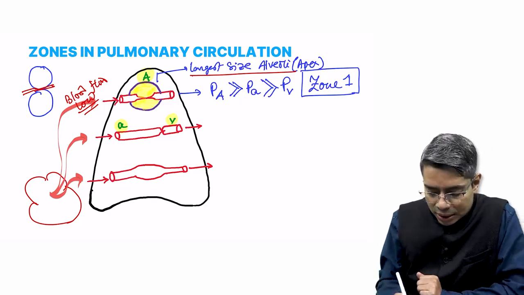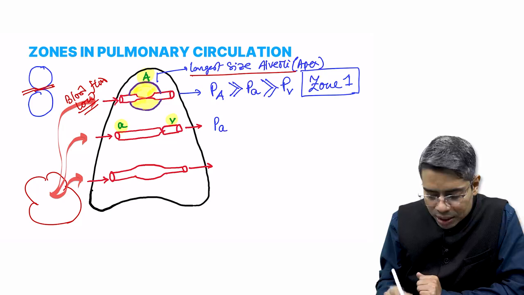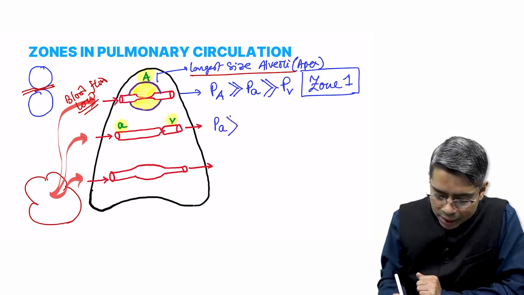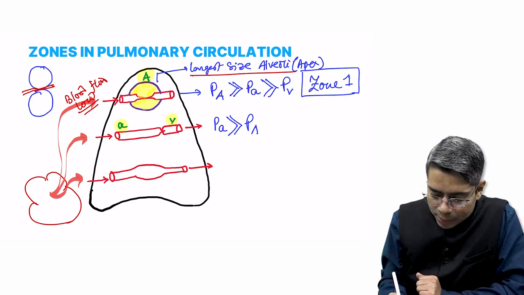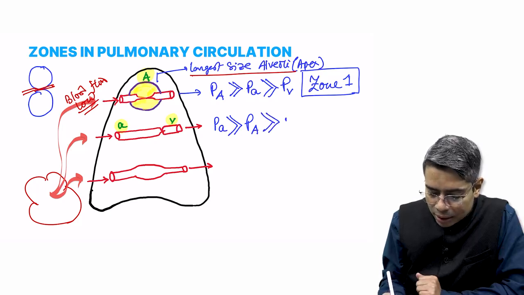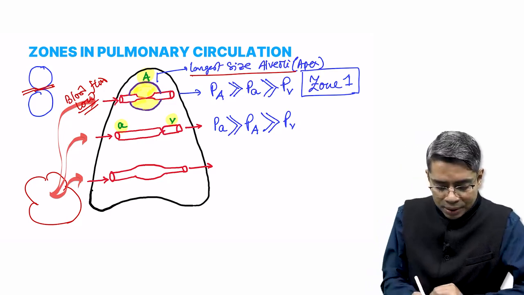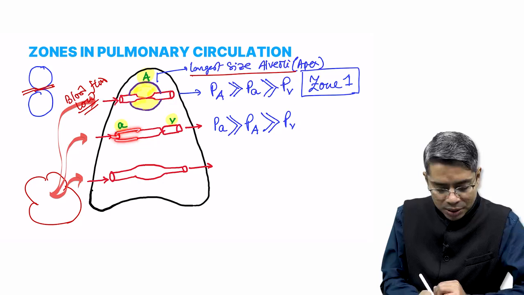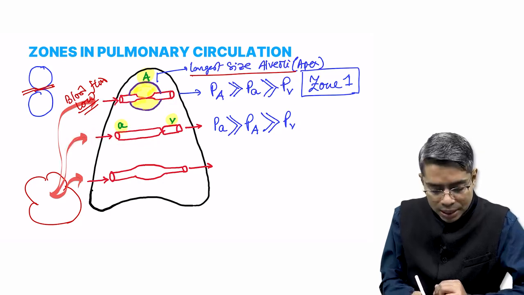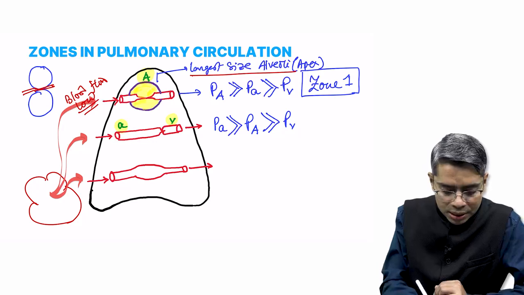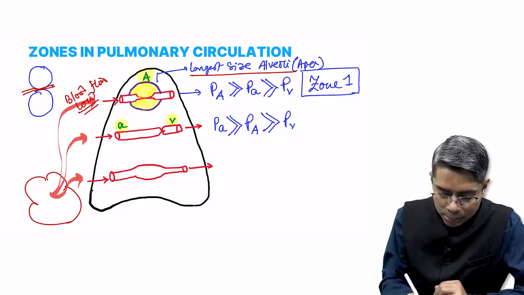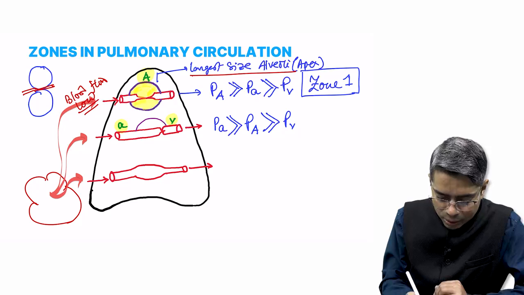Zone 2 means here the pulmonary arterial pressure is greater than the pulmonary alveolar pressure, which is greater than the pulmonary venous pressure. What is the meaning of this? The meaning is that the blood flow is a little higher. Because of that, pulmonary arterial pressure is greater than the alveolar pressure.